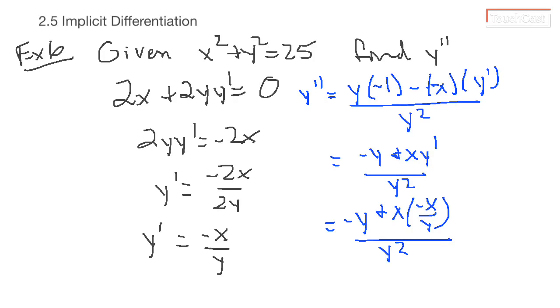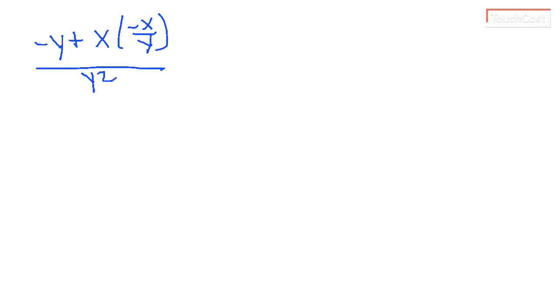which I am going to need more space, so I'm going to copy this onto another blank page. So let's multiply the x and the negative x over y. We're going to have negative y plus negative x squared over y all over y squared.